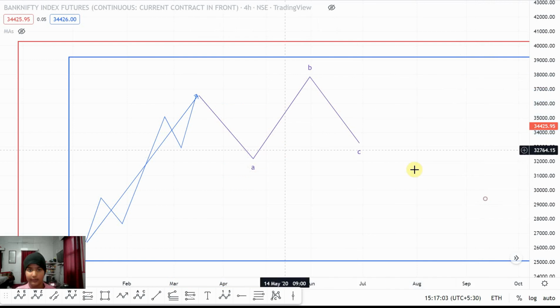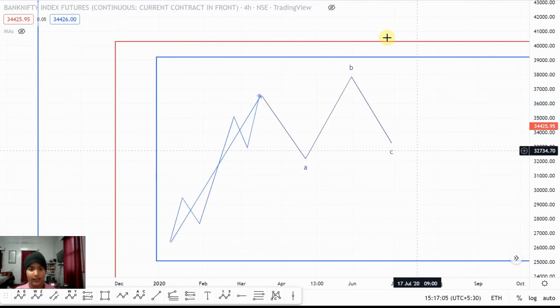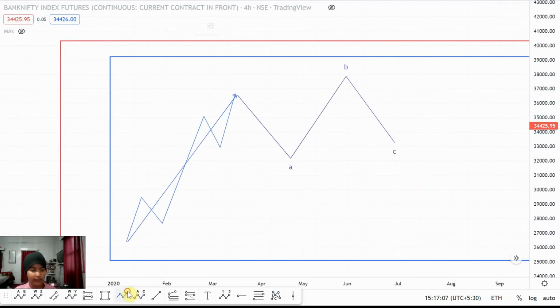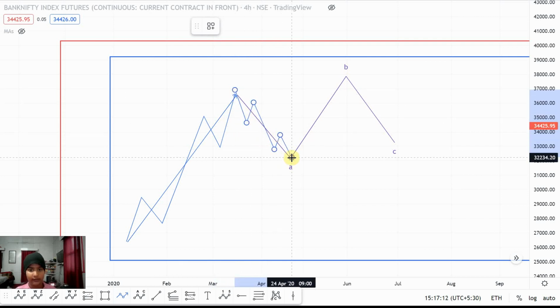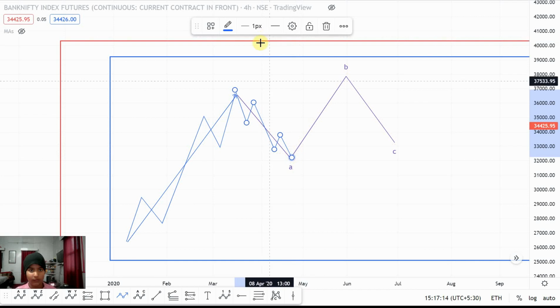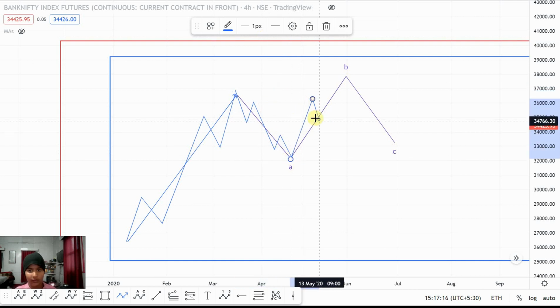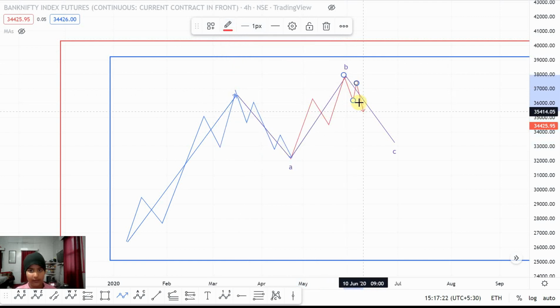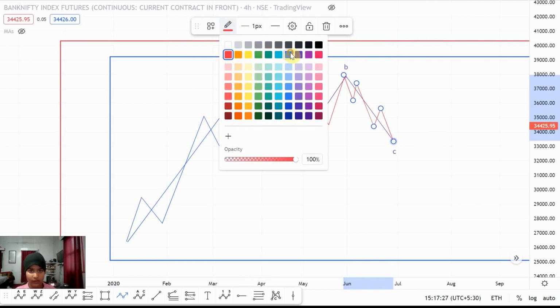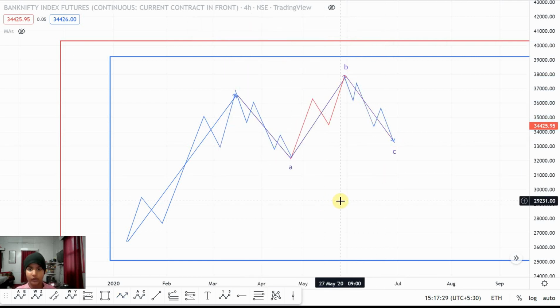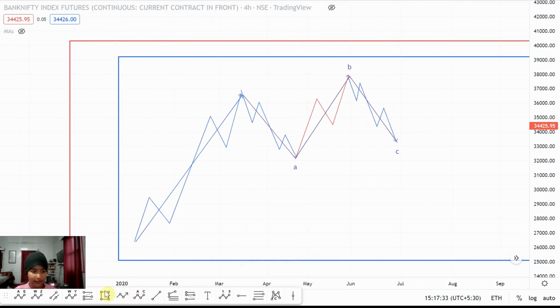So this is a running flat. The internals of this are 5 waves, 3 waves, and 5 waves again. So there is our running flat.